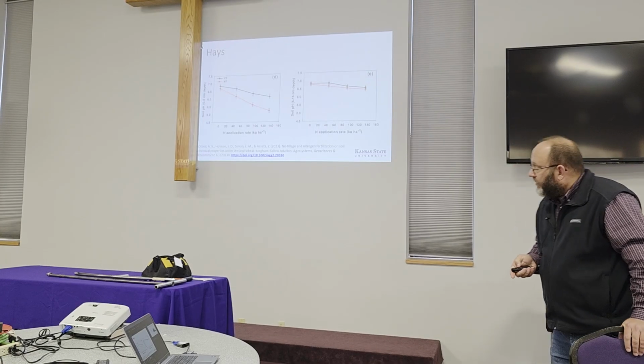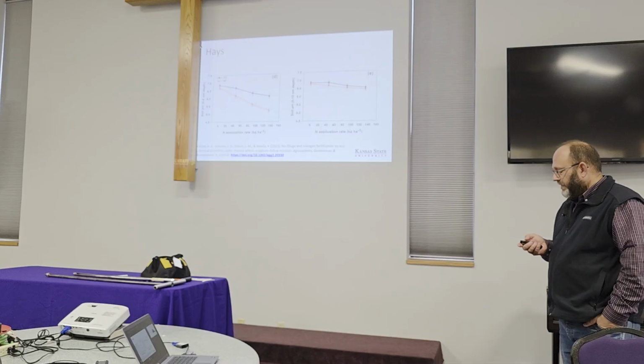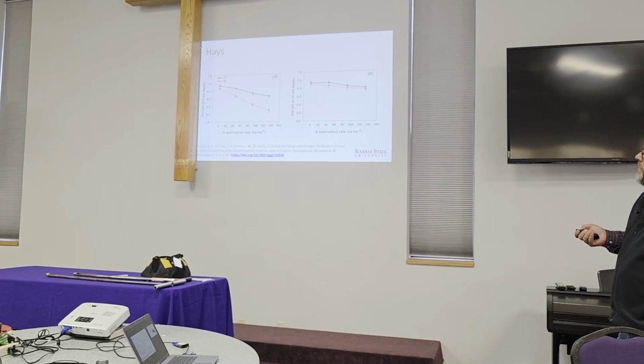Based on some conversations we were having at the meeting this morning, these are some snapshots of a long-term tillage and nitrogen study that Augustine has published out of Hayes.